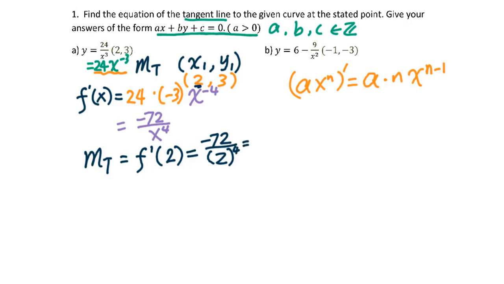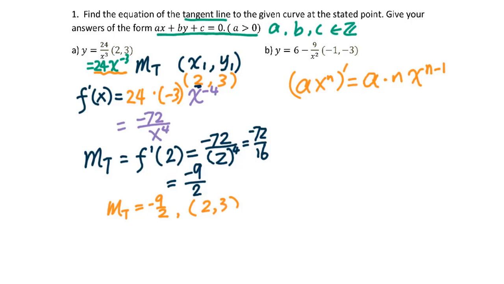That is negative 72 over 16. Reduce, and you will get negative 9 over 2. Now I know the slope is negative 9 over 2, and I was given x1, y1, that's 2, 3.